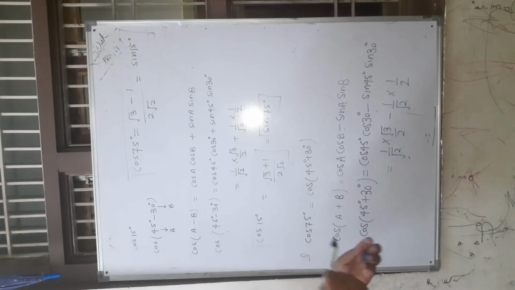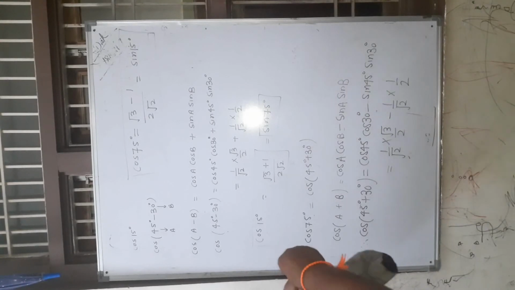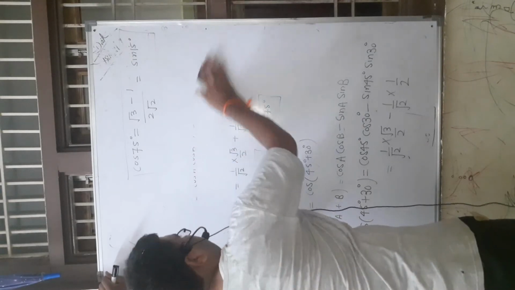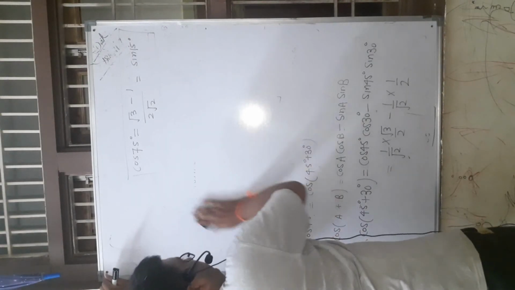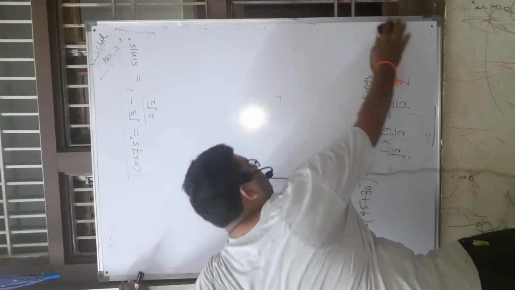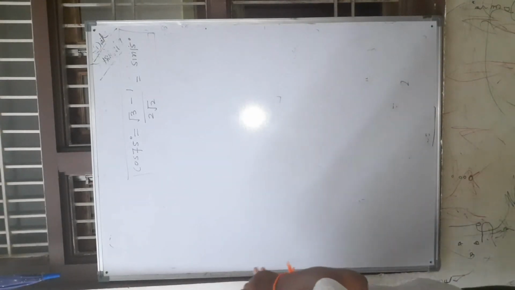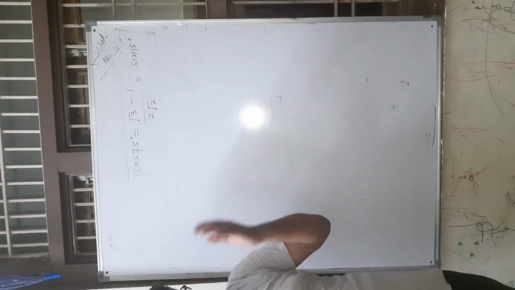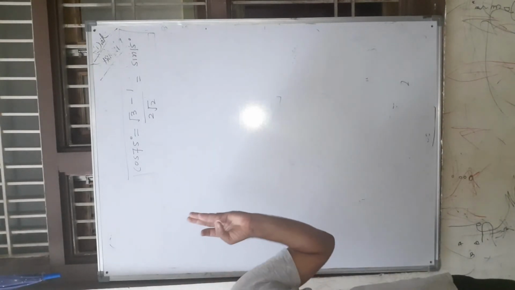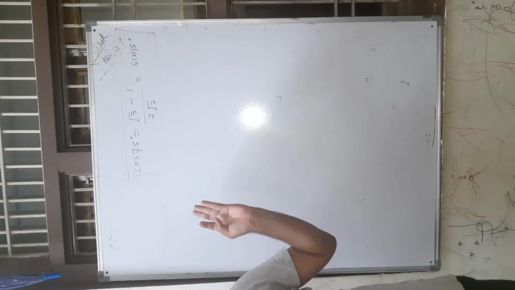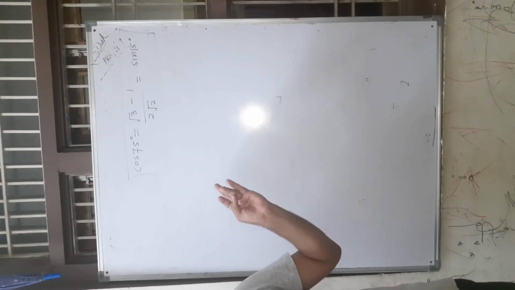All of you note this value. Now we also find some important angle values. As all of you know, the values for 0, 30, 45, 60, 90.